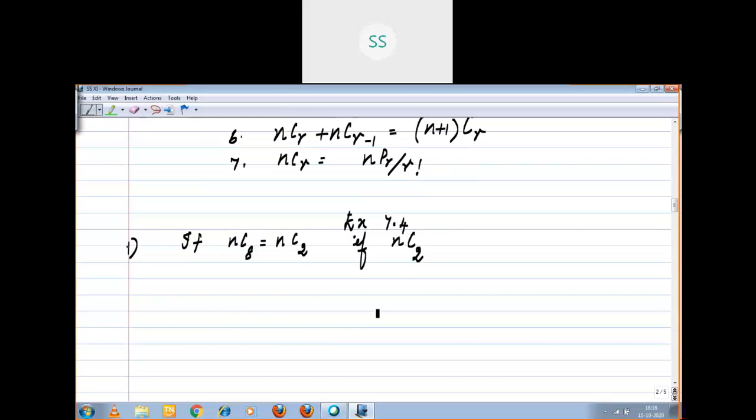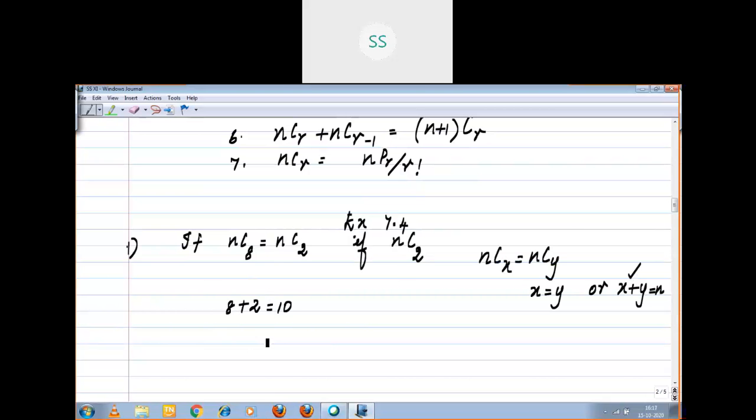Here I use the fourth property: nCx equals nCy, either x equals y or x plus y equals n. Here the second one suits. So 8 plus 2 equals 10. This is your x and this is your y, x plus y equals 10.